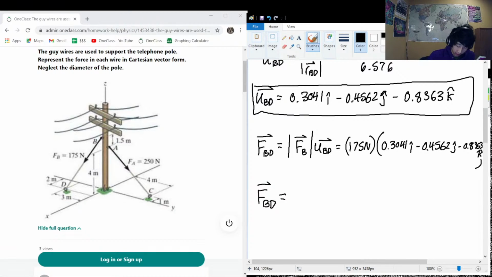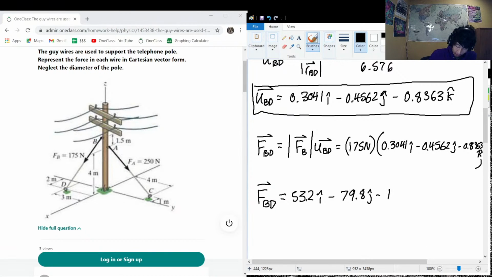Times 175. The first one is going to be 53.2 I minus, this time is 175, 79.8 in the J direction minus 0.8363 times 175.